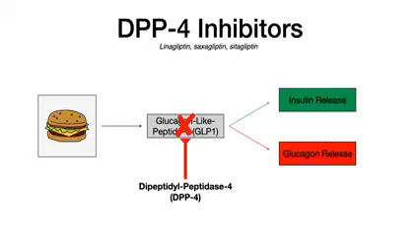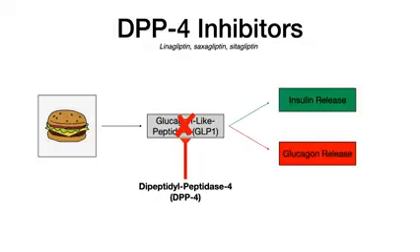So if this enzyme, which is normally present in the body, destroys GLP-1, you do not get the promotion of insulin release and you do not get the inhibition of glucagon release. Therefore your blood glucose can be higher than it otherwise would be.